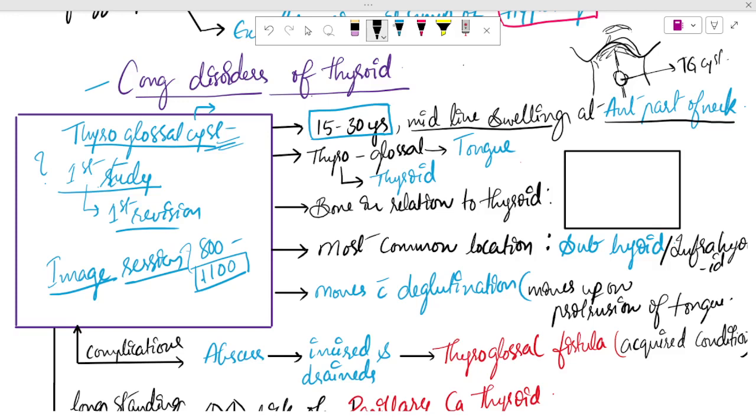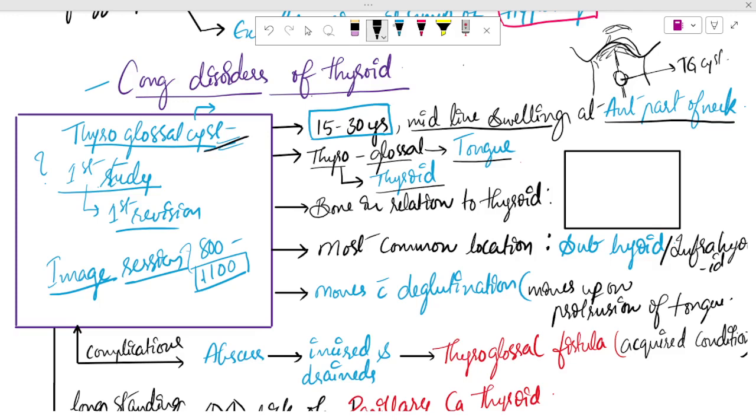If there is a remnant of the things which should disappear during development, then obviously it turns into a thyroglossal cyst. So the thyroglossal cyst is related to a tract present between the tongue and the thyroid. That is why it is given the name thyroglossal cyst.